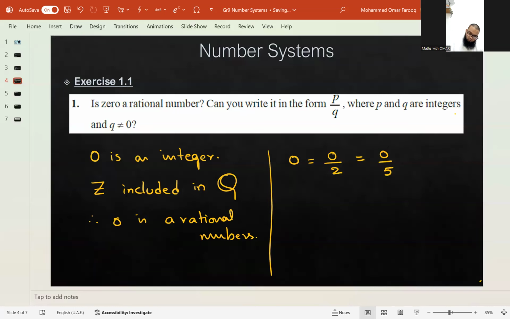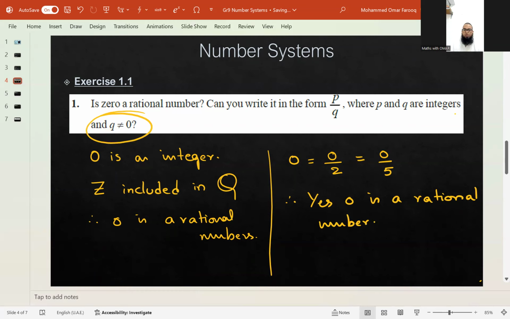So therefore, yes, 0 is a rational number because it is in the form of p by q. And one thing to remember is that the denominator cannot be equal to 0. Understood? Let us see the next question.